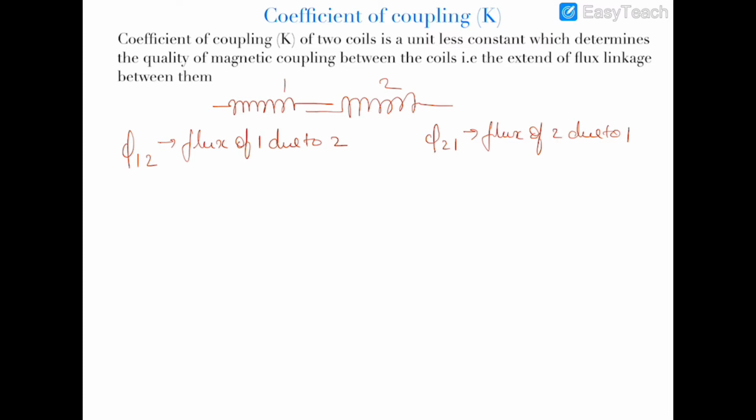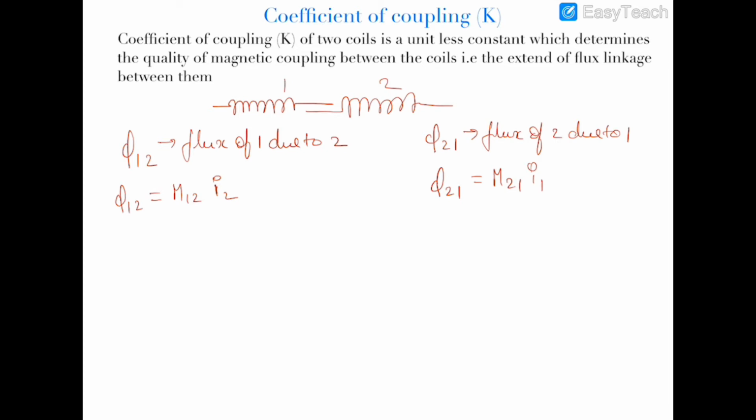This flux of 1 due to 2 can be written as M12 into I2, because it depends on the current flowing in coil 2, and the flux of 2 due to 1 will be equal to M21 into I1, as it depends on the current flowing in coil 1.